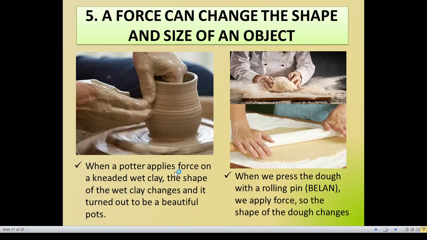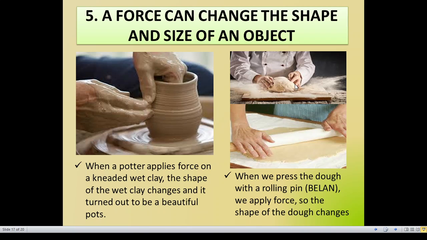So when a potter applies force on kneaded wet clay, the shape of the wet clay changes and it turns out to be a beautiful pot. Here the force applied by the potter changes the shape of the kneaded wet clay, and as a result the clay turns into a beautiful pot.